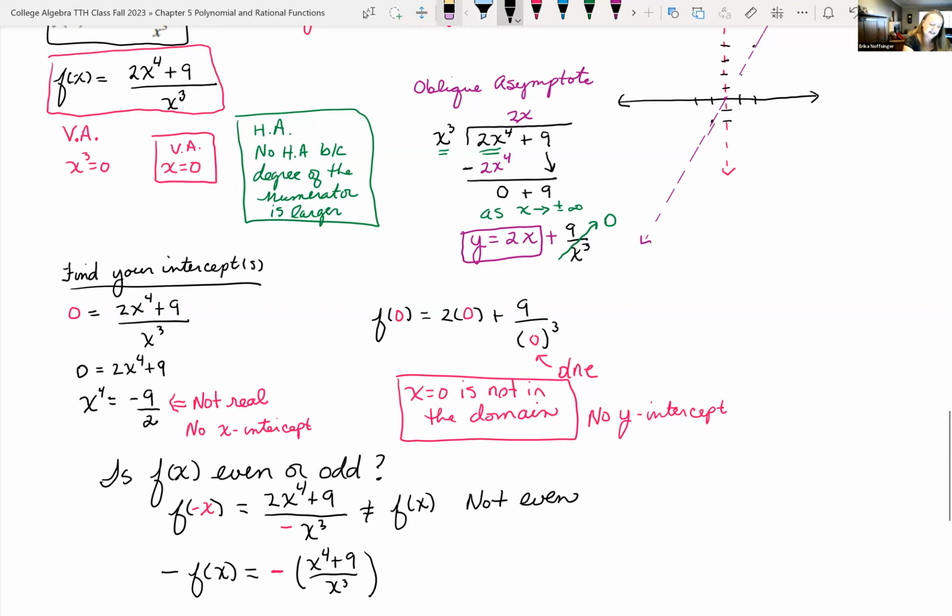I can technically take this negative that's down here in my denominator and just put it in front of the whole function. It's the same thing. And so since that's the same thing, this is equal to f of negative x. So f of x is an odd function.